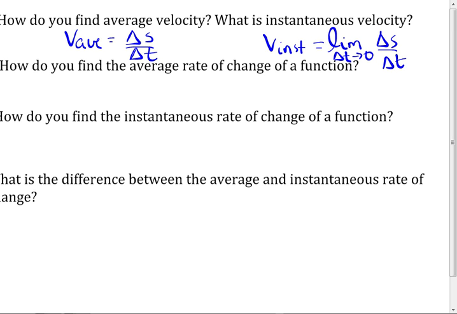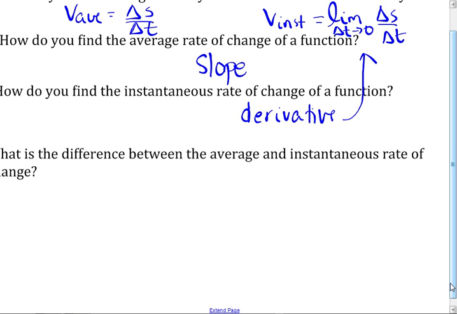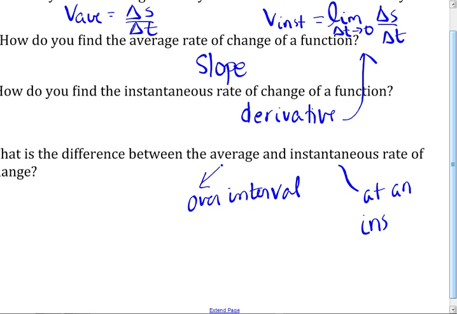You just find the slope. Should all be familiar. How do you find the instantaneous rate of change? It's the derivative. What's the difference between average and instantaneous rate of change? Average is over an interval, right? And the instantaneous is at an instant. We can't actually calculate that because I need 2 points to calculate that slope, and I can never get 2 points. Not going to happen.